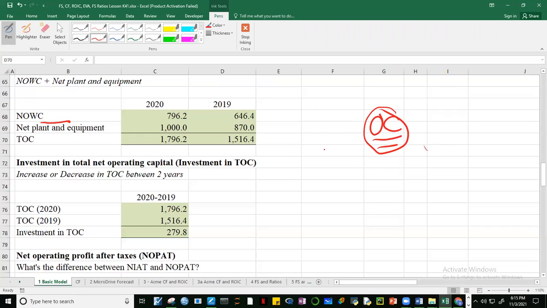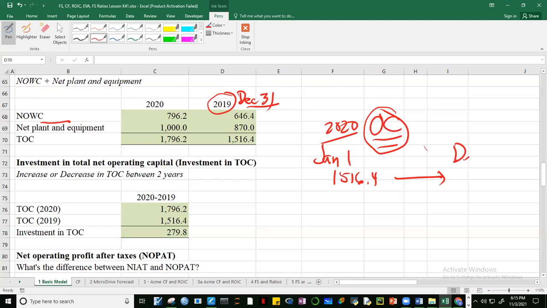At the start of the year, January 1, 2020, which is just the same as December 31, 2019, the value was 1516.4, and it ballooned to 1796.2 at the end of the year, December 31.